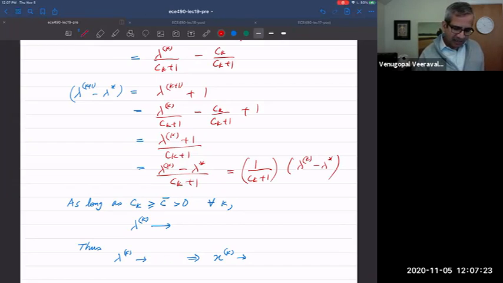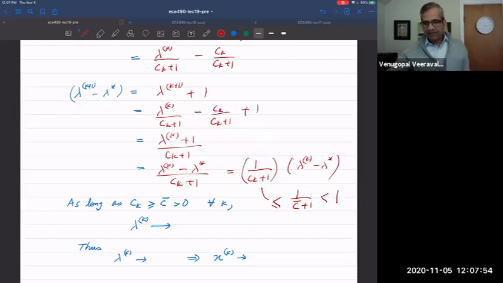It can be any positive threshold, c bar. As long as c_k is bigger than c bar for all k, this coefficient is less than 1 over (c bar plus 1), which is strictly less than 1, because c bar is positive.